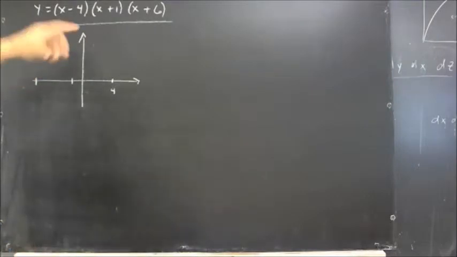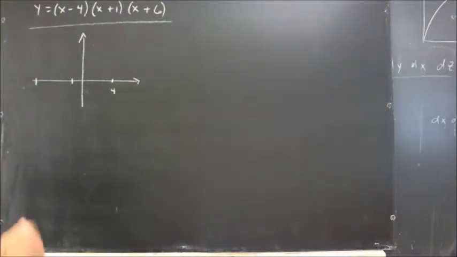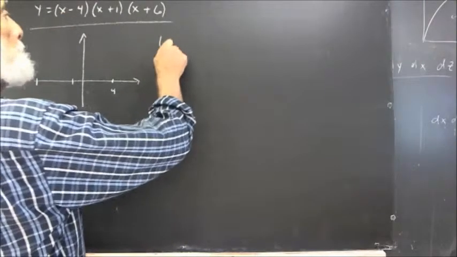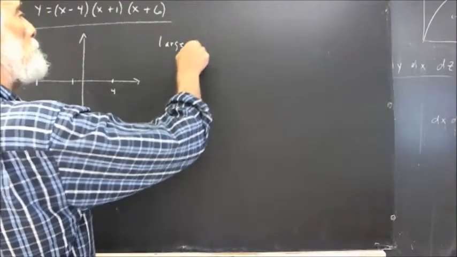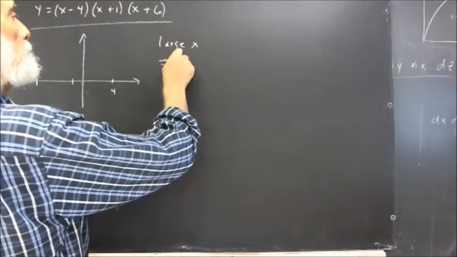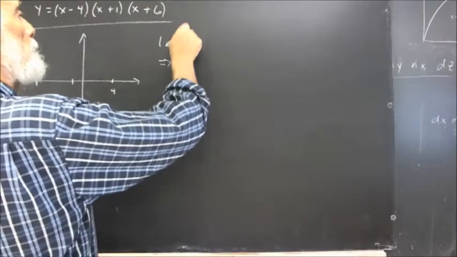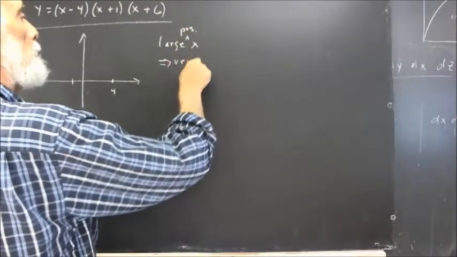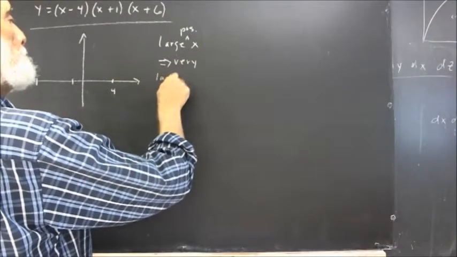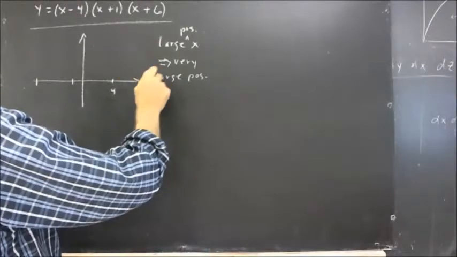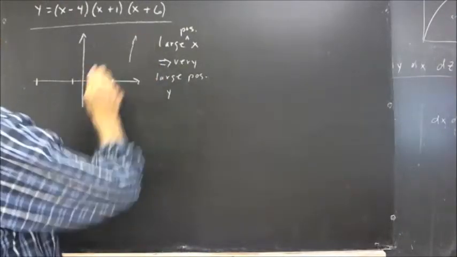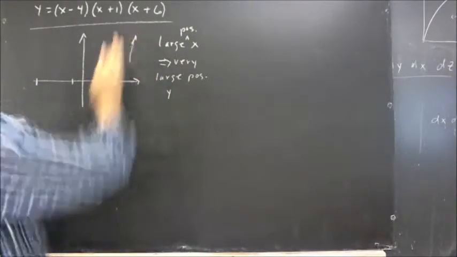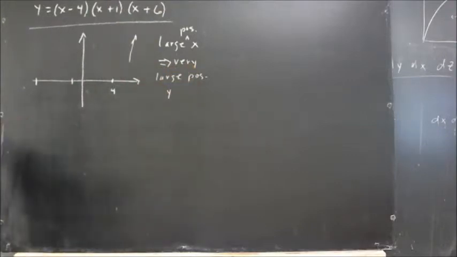Now, we look at end behavior, okay? Large positive x implies a very large positive y, so that the graph ends up ascending rapidly as you get out along the x-axis.